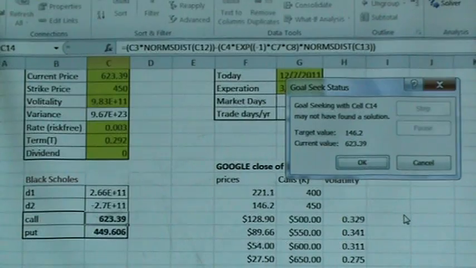The call's at $623. It doesn't have a solution for it. Yeah, it's not solving it then. What if you made the volatility 0? No, that's times 10 to the negative. Yeah, it's an incredibly high volatility. All right, well, let's pretend we didn't do that one.